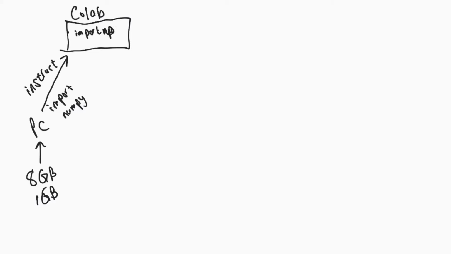I'll just write np. So it imports NumPy, and if Colab has, say, 8 gigs of RAM, then maybe it's using 2 gigs now. It's still an overestimate, and these aren't actual numbers. The 8 gigs are actual numbers, but what's being used is kind of random. Now maybe we tell it to read CSV, so we tell it to read xyz.csv, where xyz is already somewhere on this machine, or it could download it and then try to open it.